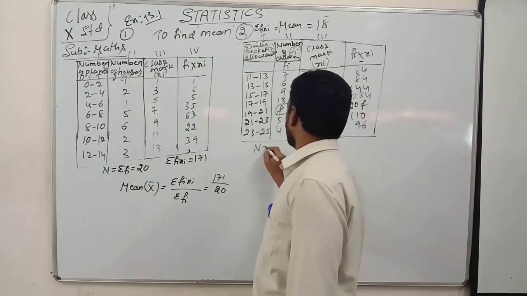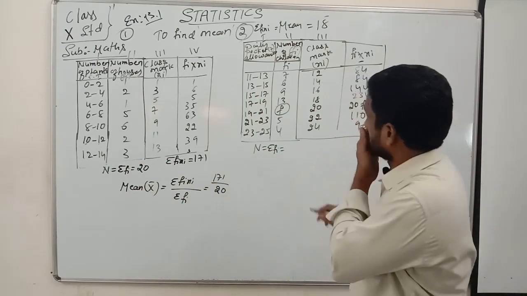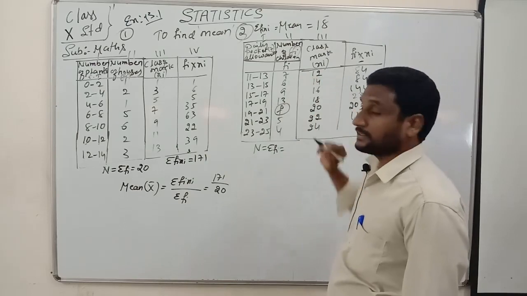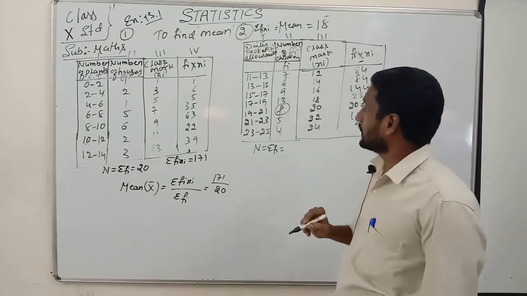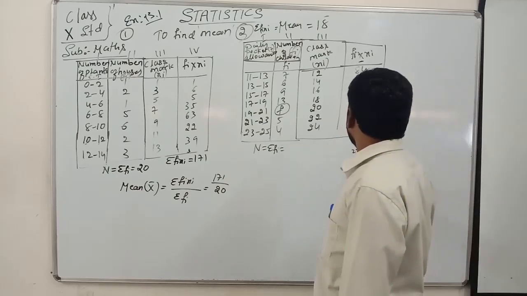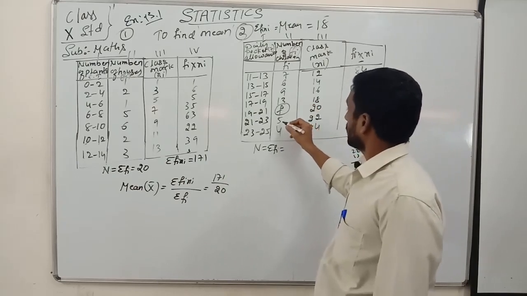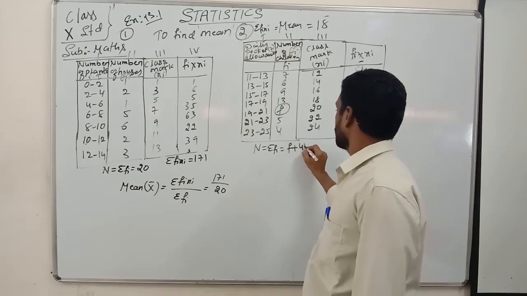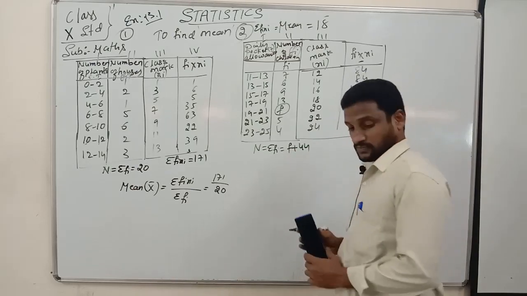So n is equal to sigma fi, add it here. 7 plus 6 is 13, 13 plus 9 is 22, 22 plus 13 is 35, 35 plus 5 is 40, plus 4 is 44. That is f plus 44. So sigma fi is f plus 44.